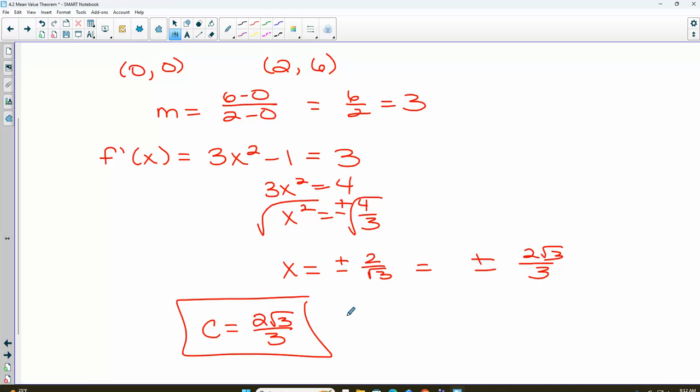Another sense of what this is telling us, we know that the slope between two endpoints is the average rate of change. Derivative is the instantaneous rate of change. So what it's telling us is that somewhere your average rate of change and your instantaneous rate of change have to be equal. I think it's easiest to think about it if you have an example involving speeds.